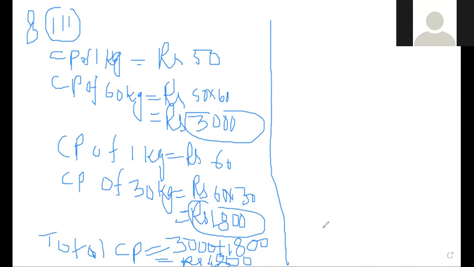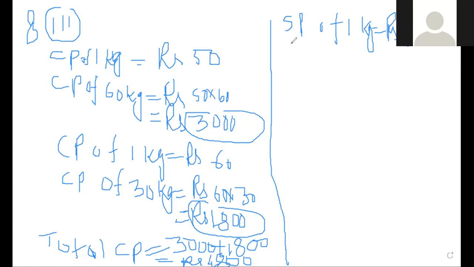After finding this total CP, there is given, if he sold the mixer at rupees 58. Mixer means what was there? SP of 1 kg given how much? The mixer was sold at 58. 58, sir.